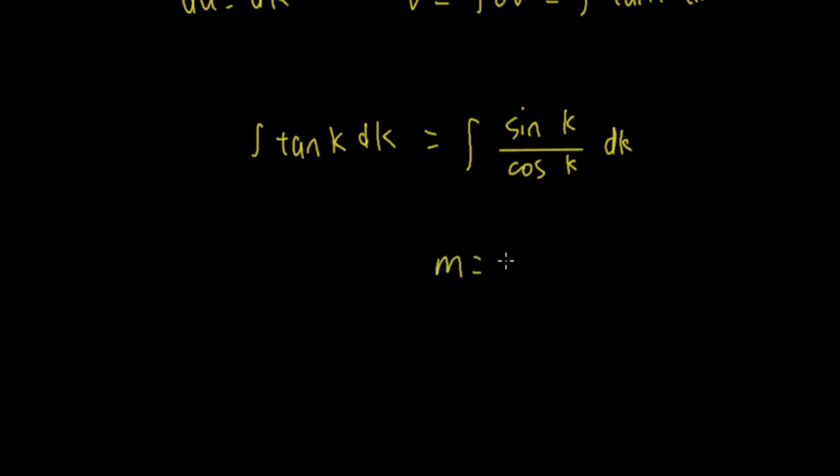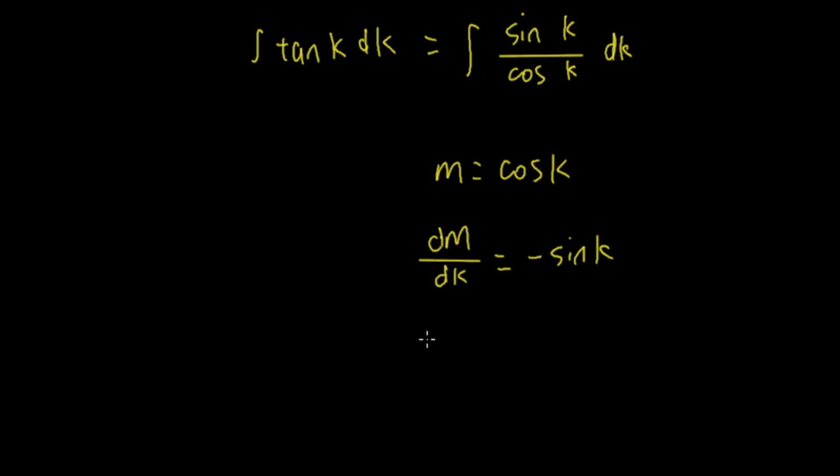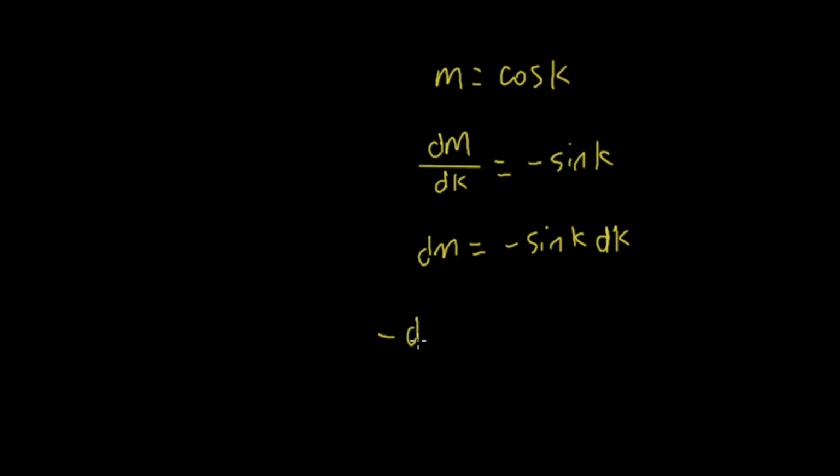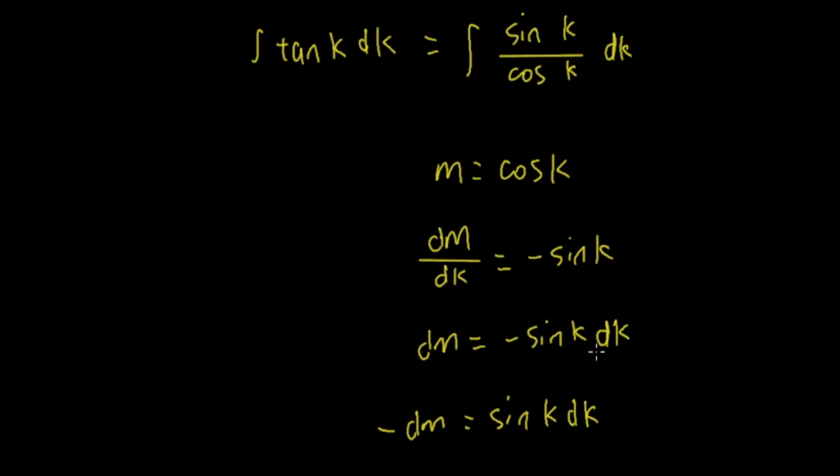I'm going to let m equal cosine k. Then dm over dk is equal to negative sine k. So dm is equal to negative sine k dk. Multiply both sides by negative 1. We have negative dm equals sine k dk. Now, I can replace sine k dk completely here.